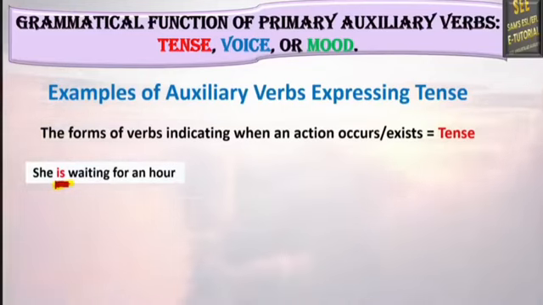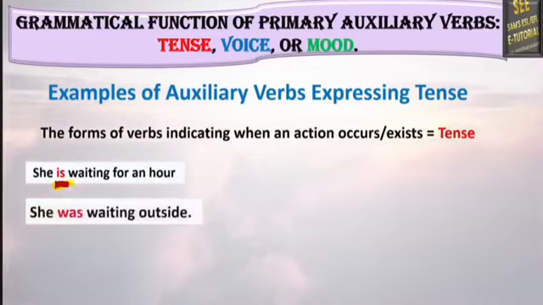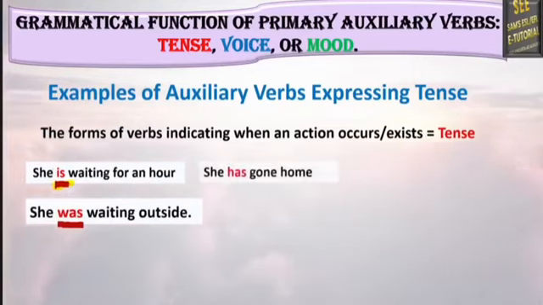It has helped to form the present continuous tense. Here again we have the primary auxiliary verb was, helping to form the past continuous tense in the sentence, she was waiting outside. Of course, the first one, she is waiting for an hour, is the present continuous tense.